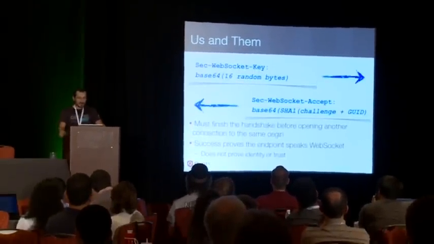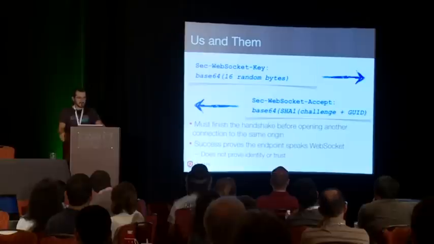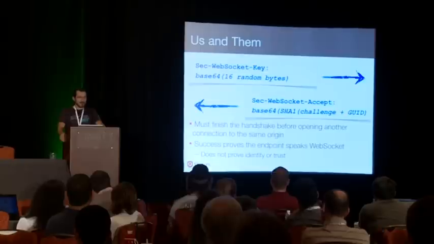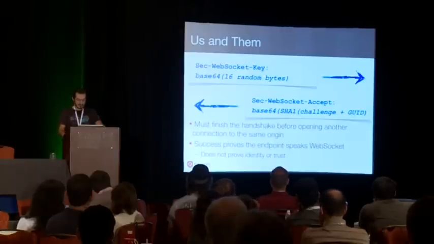And why is it done? It's not done to make things more secure or anything. It's just there to identify the protocol, so the client knows the server is a WebSocket server.